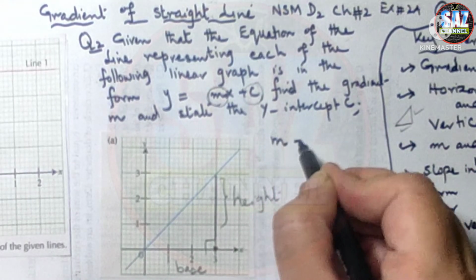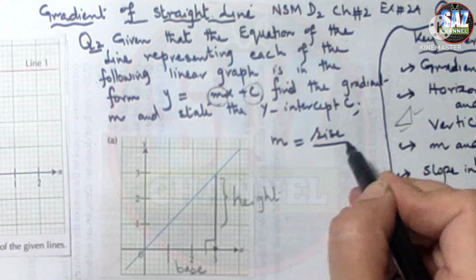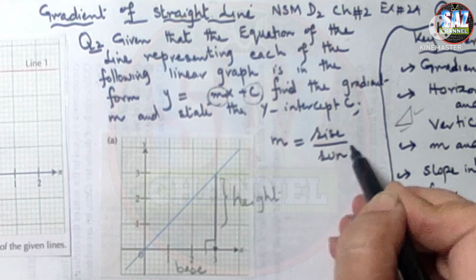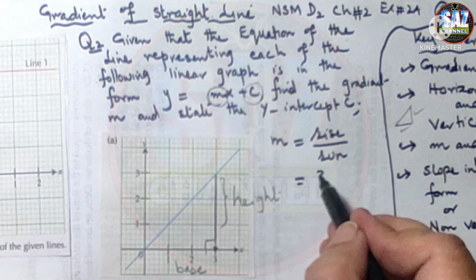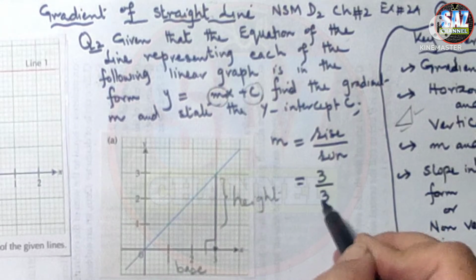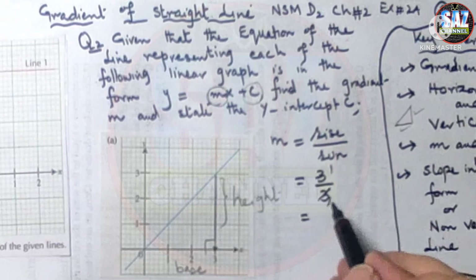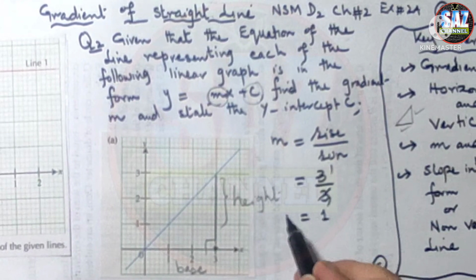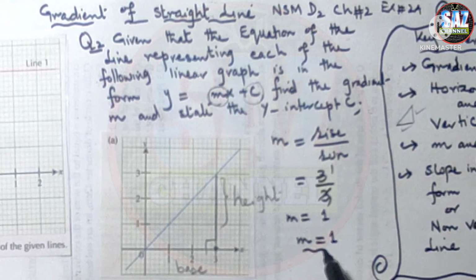Gradient ratio means fraction, rise and run. Now look, rise is of how many units? 3 units, and run again is 3 units. So 3 upon 3, which is 1, and m equals 1. m is 1 for this question.